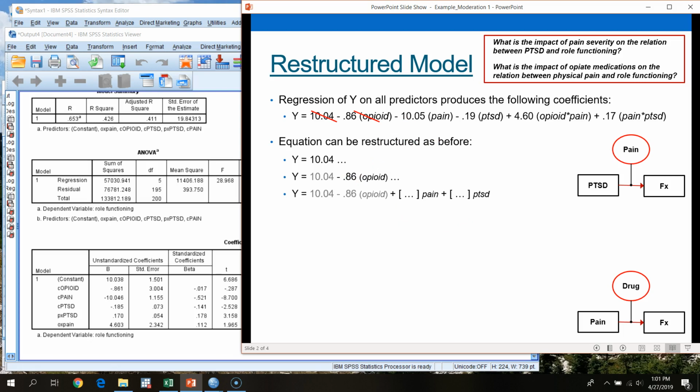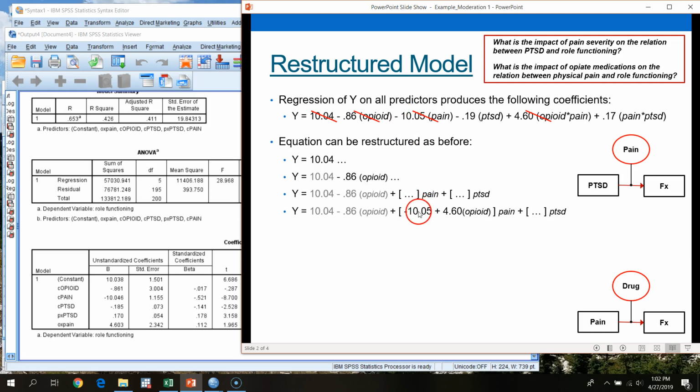When I'm doing this, I like to go through and section off preemptively. I've got a conditional effect of pain and a conditional effect of PTSD. Kind of bracket those two off. Then I ask, what are the terms that are consistent with my conditional effect of pain? Well, we've got my effect of pain here, so I'm going to drop this down.